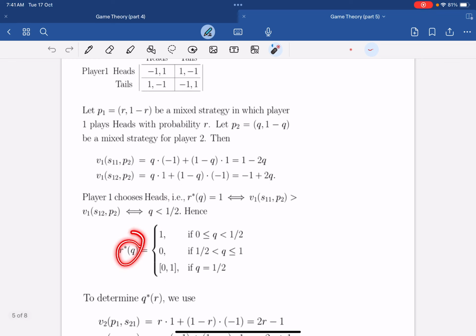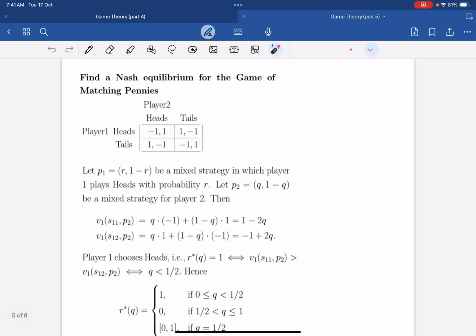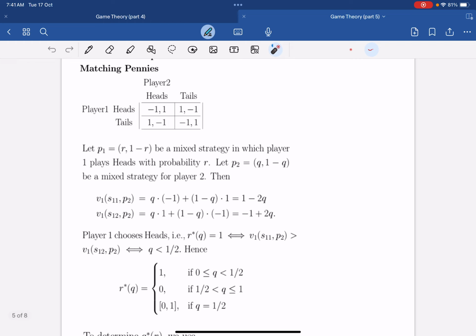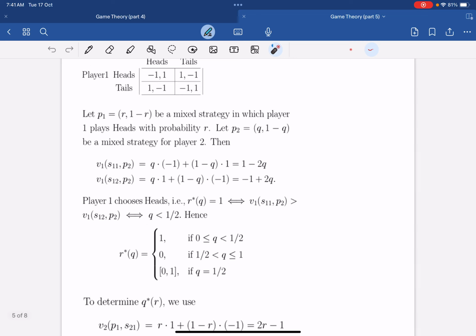Hence, the response function is: you have probability 1 of choosing heads if Q is less than half. And then your probability of choosing heads is 0 if Q is larger than half.